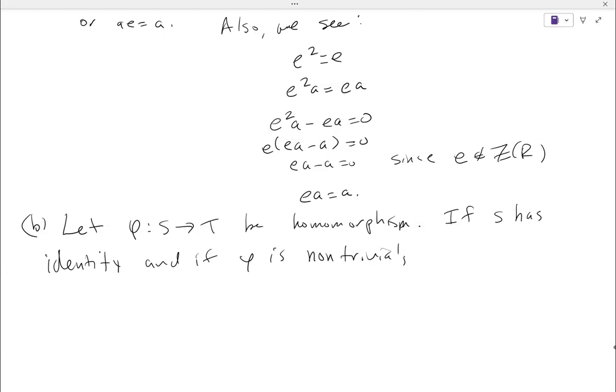We usually ignore that one. That's always a possibility, but let's assume we don't have that possibility. So if S has an identity and phi is non-trivial, then phi of the identity in S is the identity of T.